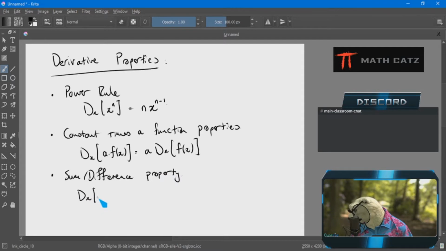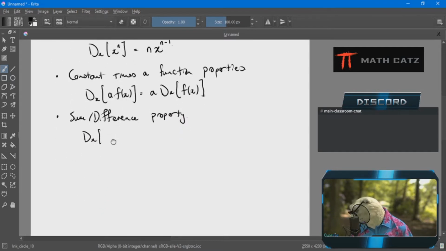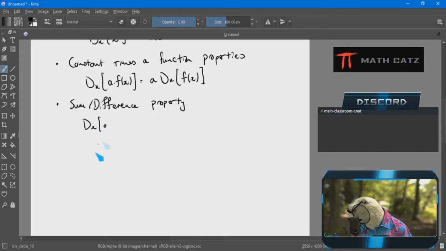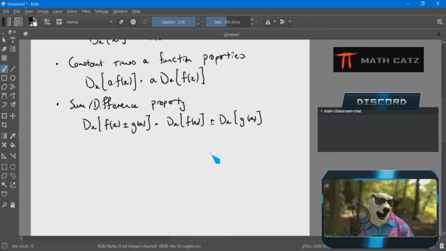That says that if I have to find the derivative of a function, but it's made up of multiple terms, maybe an f and a g, I can look at the derivative of each one separately and put them together in the way the terms were put together originally. It's pretty much exactly, best case scenario, this is exactly what I would want. To the point where it feels almost made up, like how can things be so perfect?